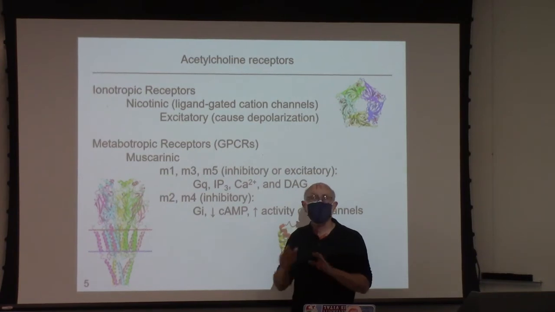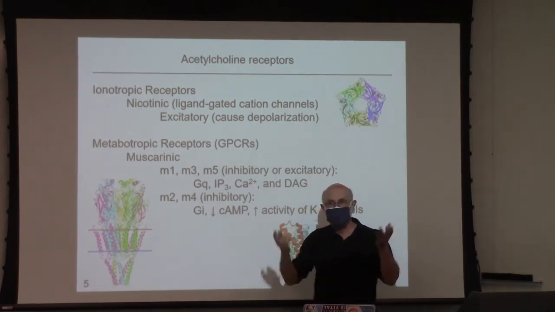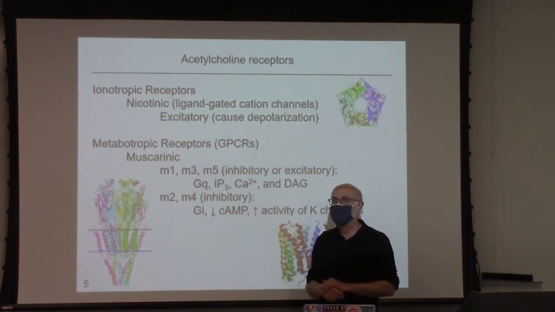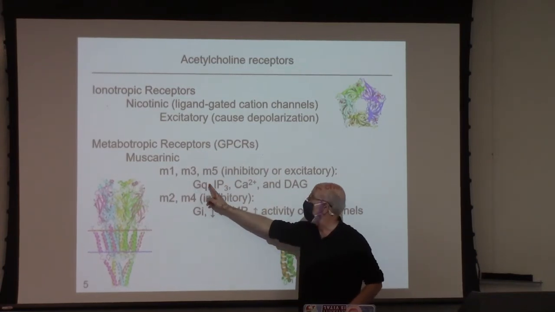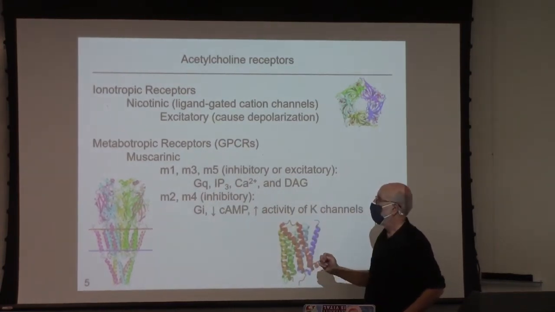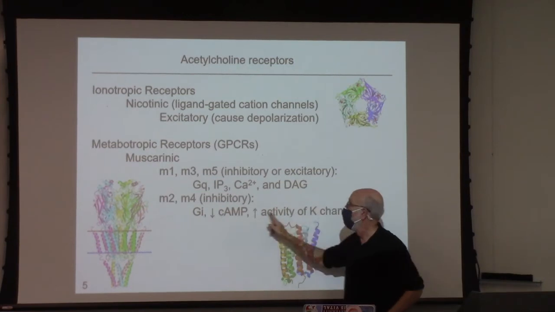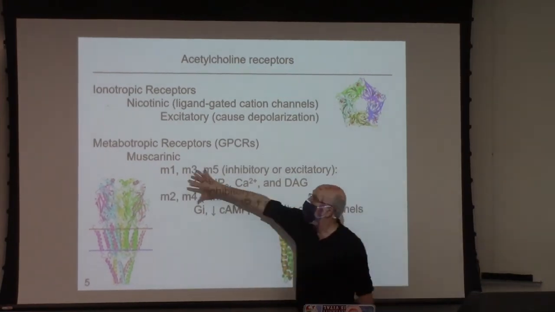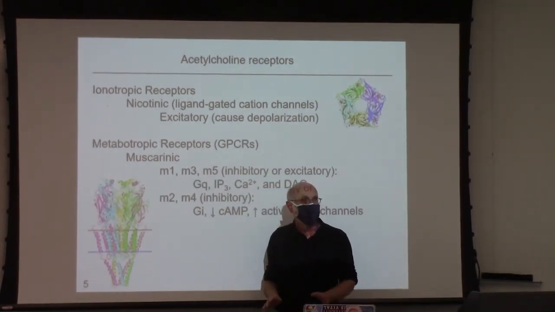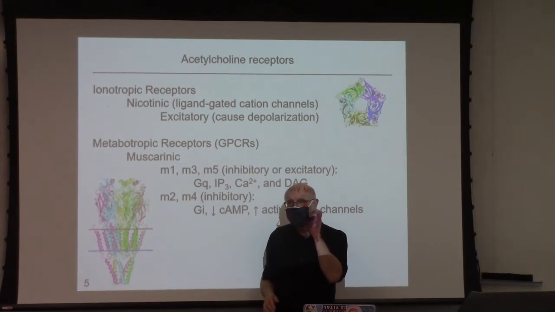I just told you that, but don't devote brain space to it. Know the GQ story, know the GI story, but don't memorize which ones are which. Is that clear?